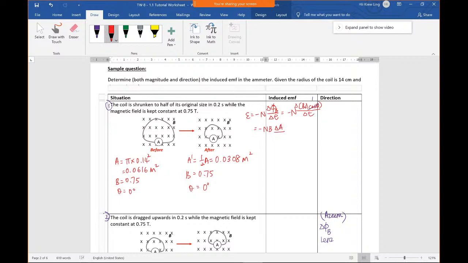So left only change in area over change in time. So plug in the values.